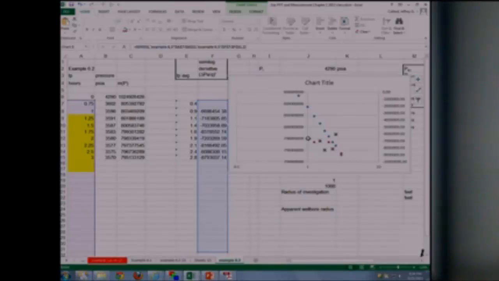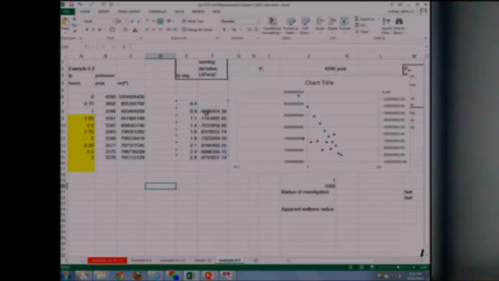Okay, here's my derivative. I can plot that at time average if I want to. I don't need that number. That's during my flow time, 0.75 to 1 hour is my first one. I'm not using PI.